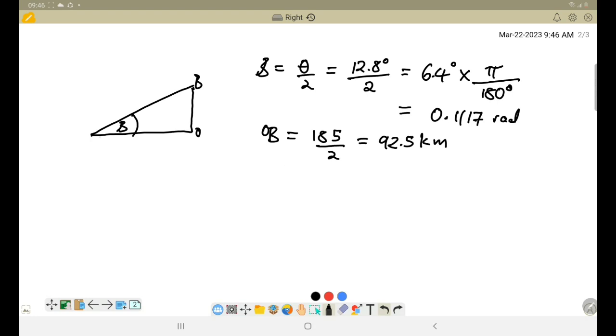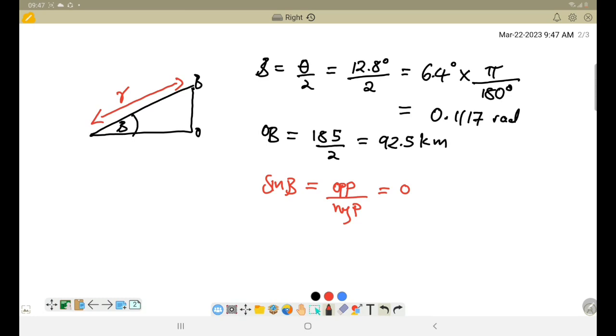We want to find the radius. So from here, this is the radius. Let's use the red marker. From here to here, it's our radius. How can we find it? If we say sine beta is equal to opposite over hypotenuse.